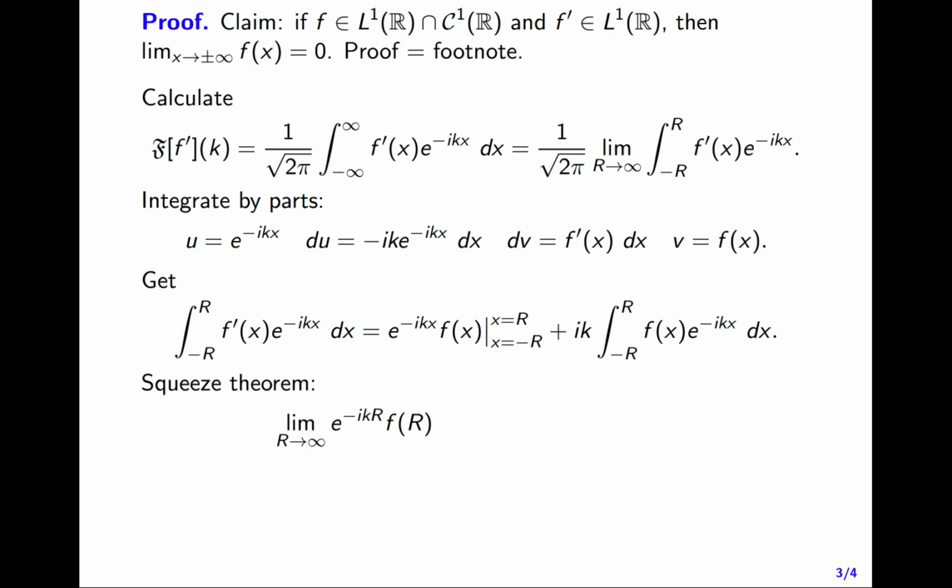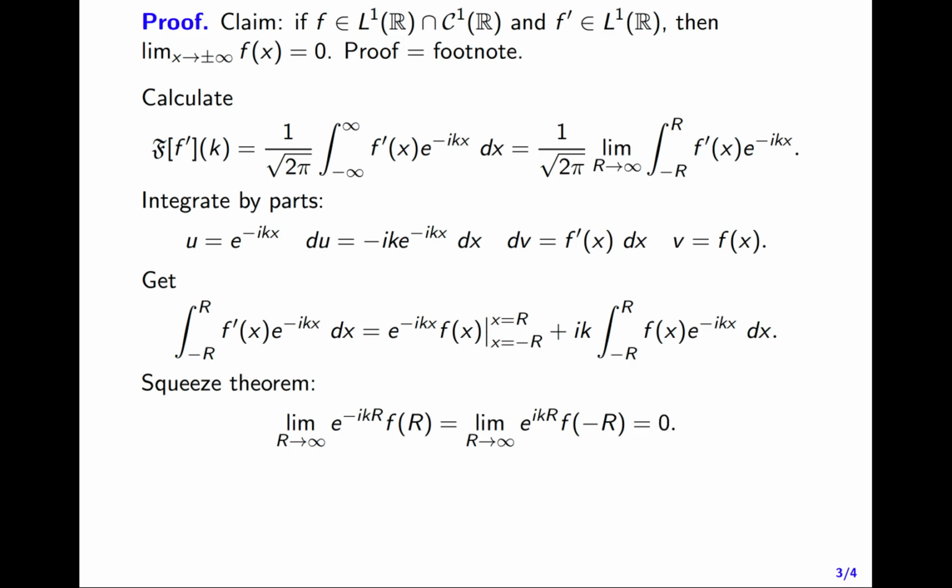Now we know that the limit as r goes to infinity of f of r is 0, and likewise the limit as r goes to minus infinity of f of r is 0. So if I use the squeeze theorem and look at the limit as r goes to infinity of e to the minus ikr times f of r, that's going to be the same as the limit as r goes to infinity of e to the ikr times f of minus r, and that's going to be 0.